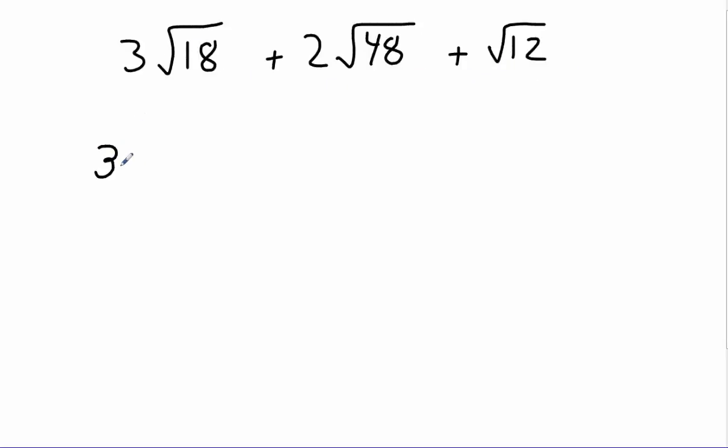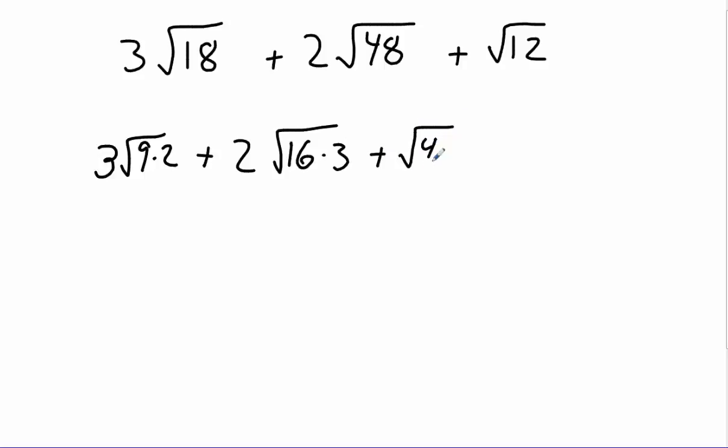So we can simplify 18 to become 9 times 2, plus 2 radical 16 times 3, plus radical 4 times 3. Okay, so I just broke them down into their factors that contain the largest perfect square. So 9 and 2, the 9 can come out, the 16 comes out, and the 4 comes out.